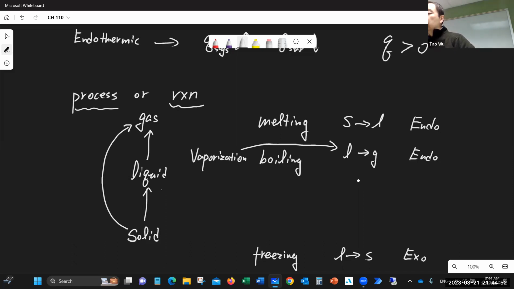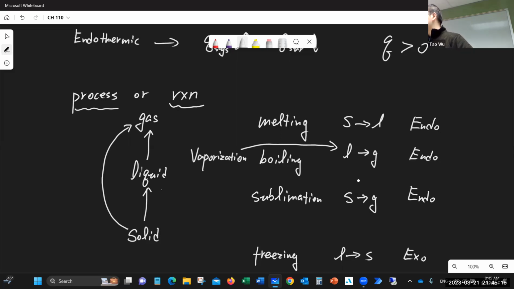This is what we call sublimation. Sublimation is from solid to gas, and this is obviously also endothermic. So from lower temperature to higher temperature, it is always endothermic.